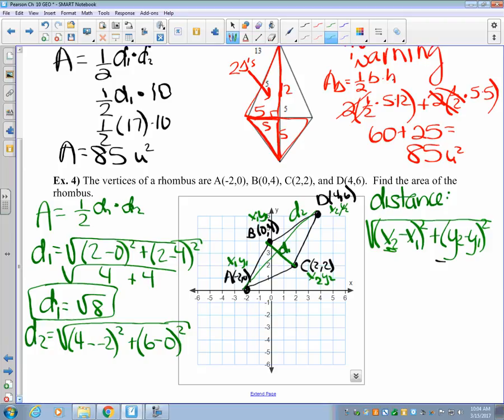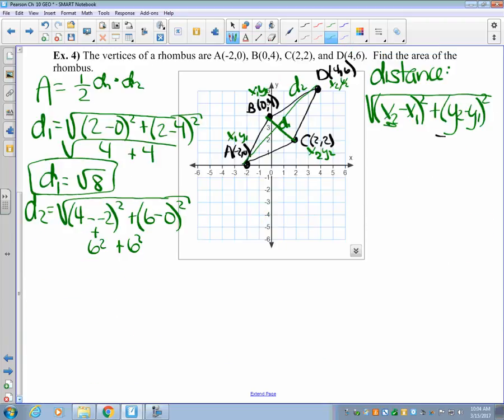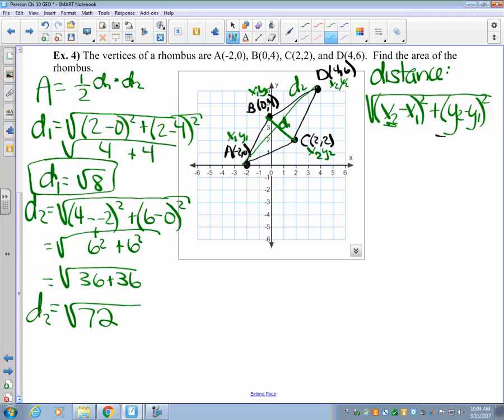Minus a negative is the same as plus. So this is 4 plus 2, 6. And 6 minus 0 is also 6. And this is 36 plus 36, which is also known as 72. So D2 is root 72.